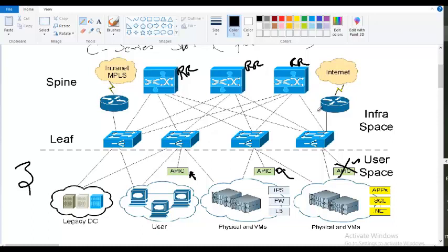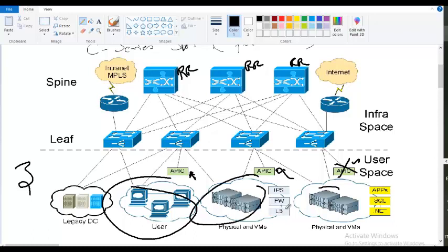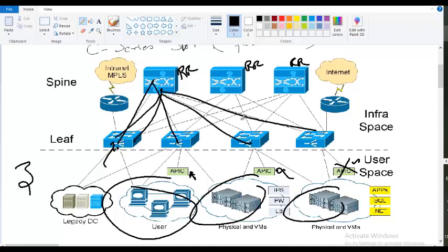The spines are used to exchange routing information between the leaf switches using ISIS protocol. So the route information about these connected devices are learned in the leaf, that gets distributed to the other leaves through the spine. So it is just like in route reflector.